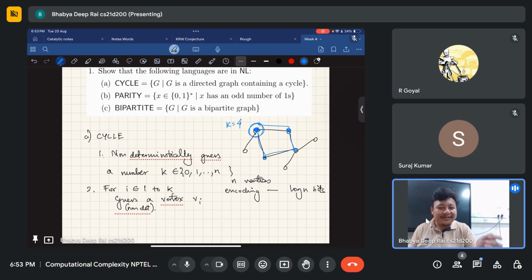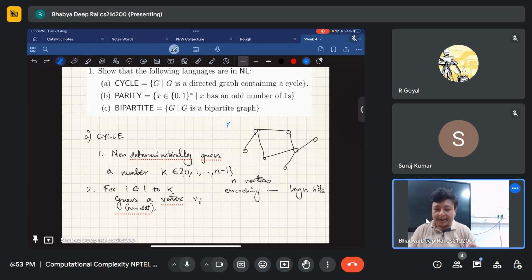And even if one such cycle exists in the graph, then at least one of my guesses of the length of the cycle will be correct, and at least one of my guesses of paths will be correct. So that is the general idea. I'll make it clear here.